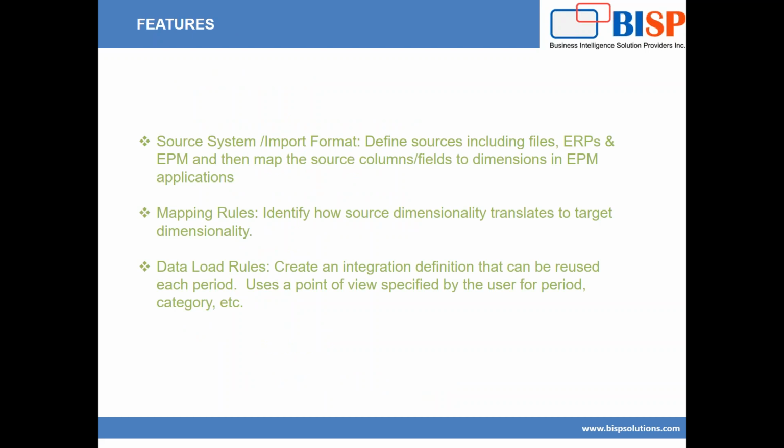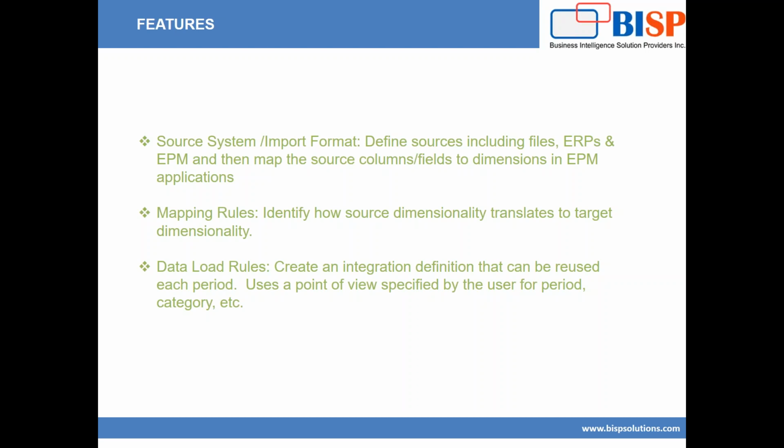Now we will quickly discuss a few of the features that we have in FDMEE Cloud. One of them is source system and import formats. Import format is an artifact where we map the source system dimensions with that of the target system.